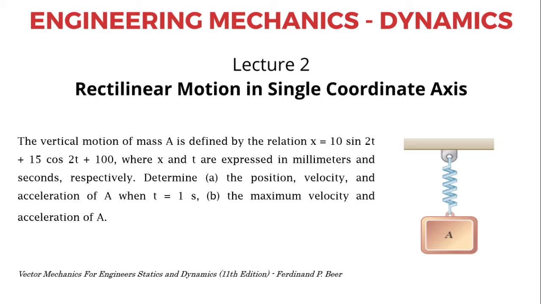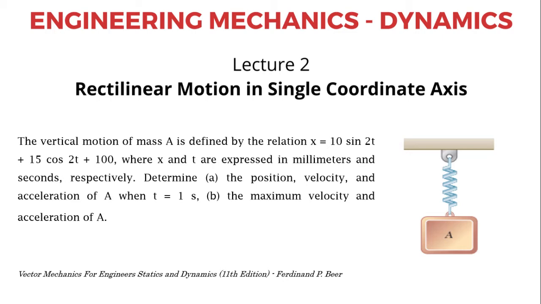The vertical motion of mass A is defined by the relation x equals 10 sin 2t plus 15 cos 2t, where x and t are expressed in millimeters and seconds respectively. Determine A, the position, velocity and acceleration of A when t equals 1 second.